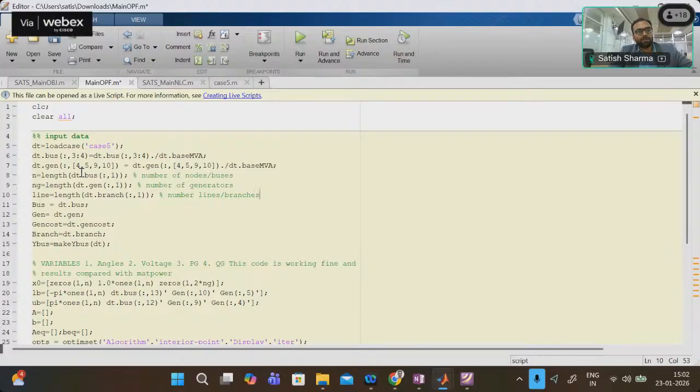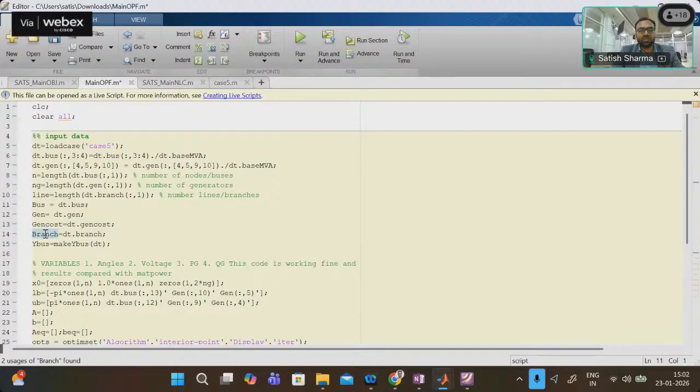Then I've been using dt dot bus, dt dot generator, and dt dot genco. Everything I've been using, like earlier in the morning. So instead of using dt dot every time, we have kept those as capital Bus and different variables I have created, and we used those here.